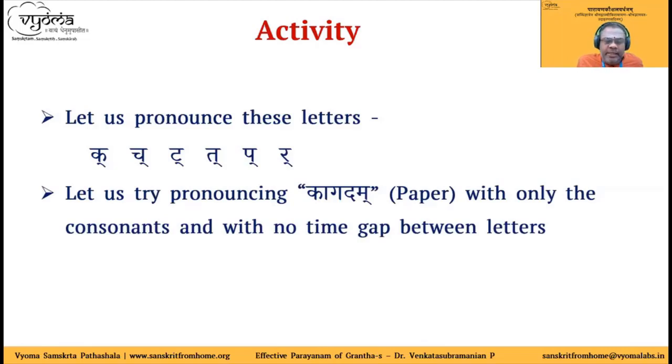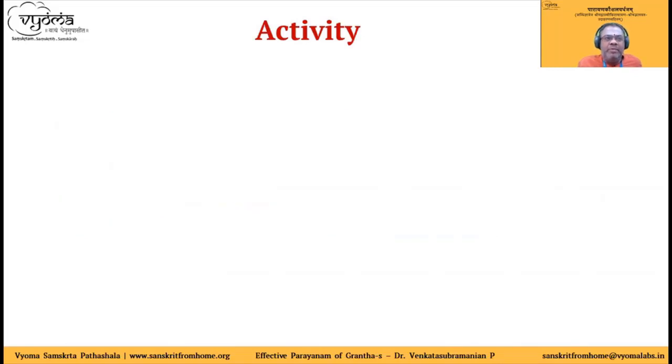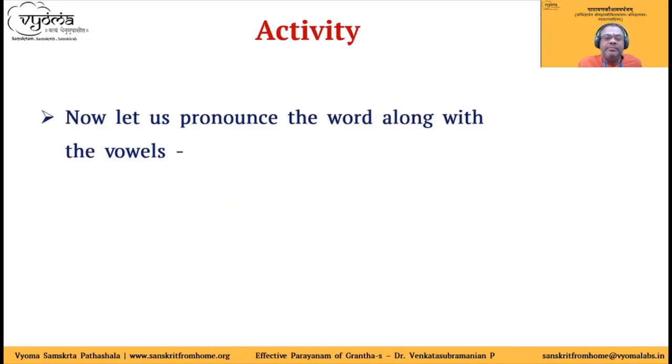See, for example, let us take kagadam, the word paper. Now if you only pronounce k, g, d, m, what will happen? You will not be able to pronounce kagadam. If you split the word kagadam, you will know that in between the letters k, ga, d, you have other letters, the independent sounds, along with this.